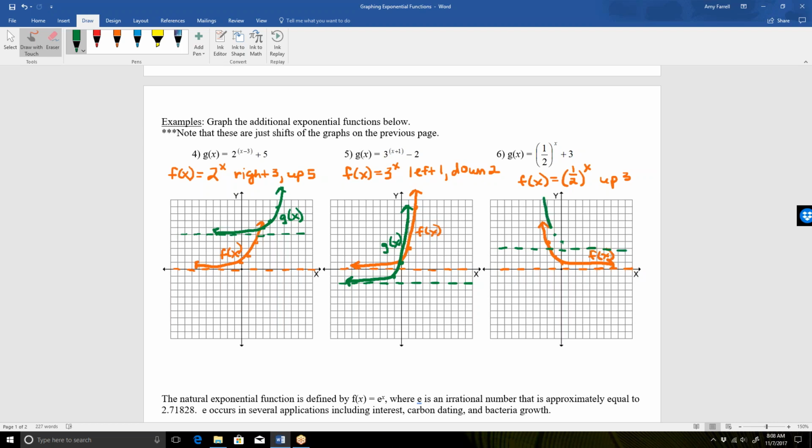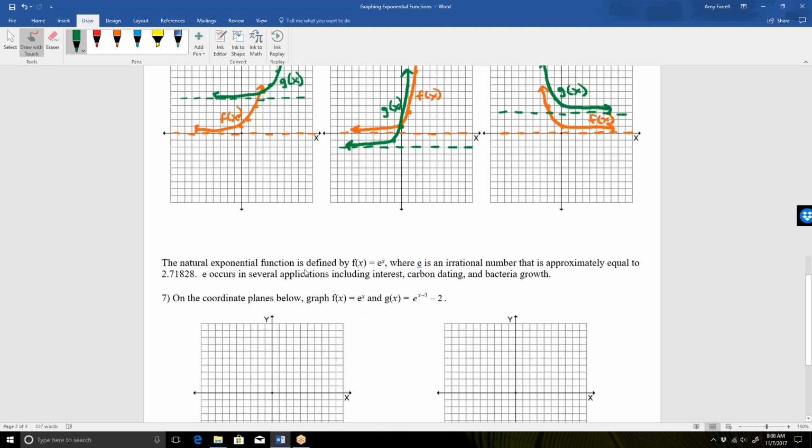And this is g of x. So we can see that just as we shifted square root functions and absolute value functions, we can shift these exponential functions.